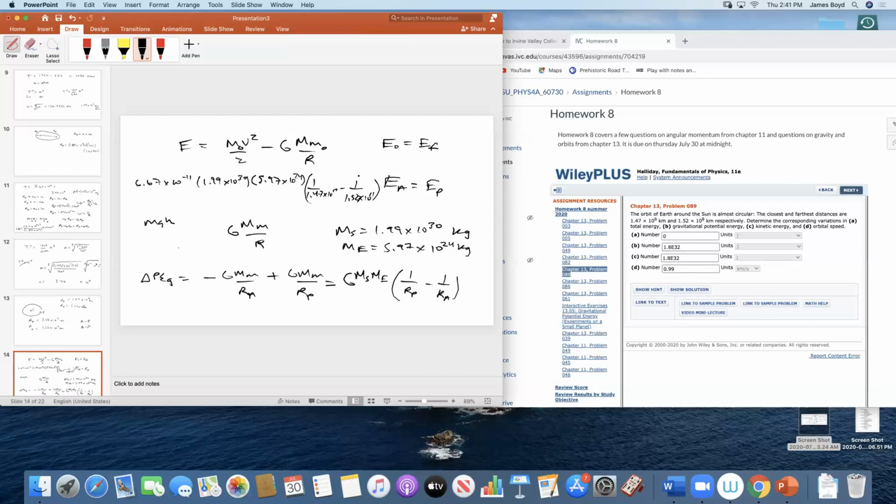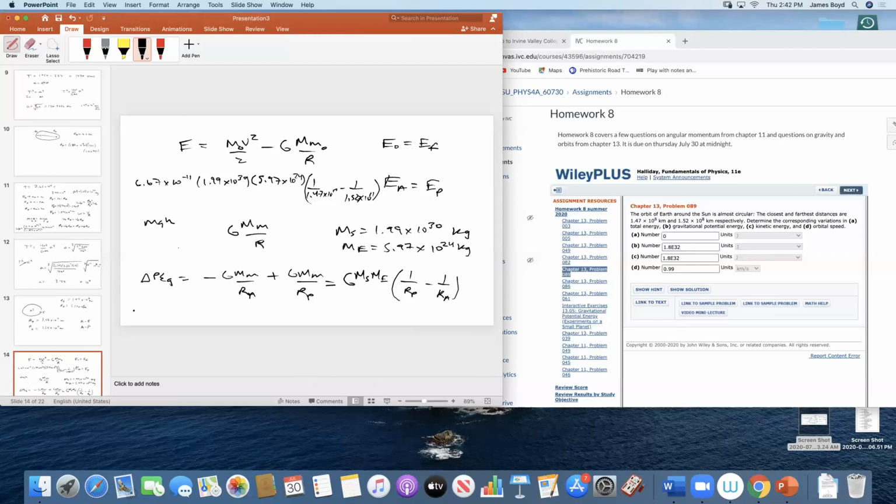So I'm going to get 79.241 times 10 to the 32 times 1 over 1.47 minus 1 over 1.52. And I get 1.77 times 10 to the 32nd when I put those numbers in. That's about 1.8 times 10 to the 32nd joules.